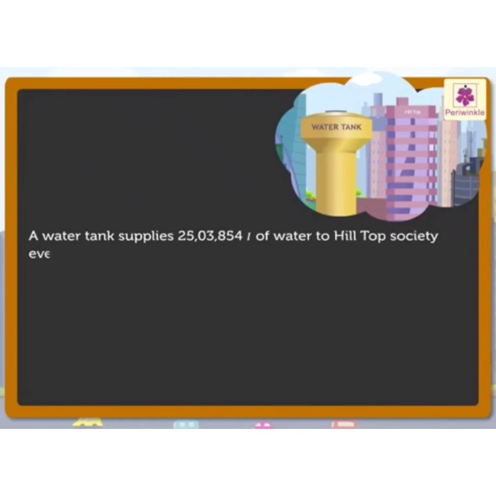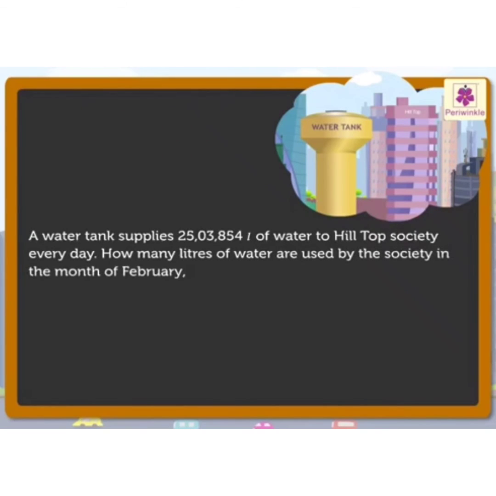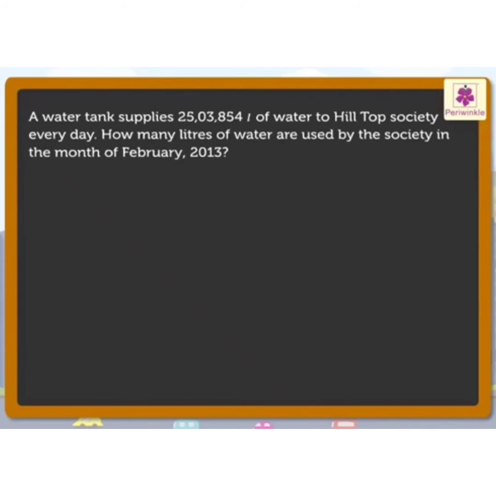How many liters of water are used by the society in the month of February 2013? Now, to understand the problem well and to know how to write the statement, ask these questions.